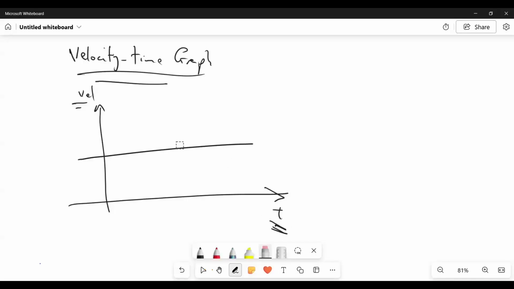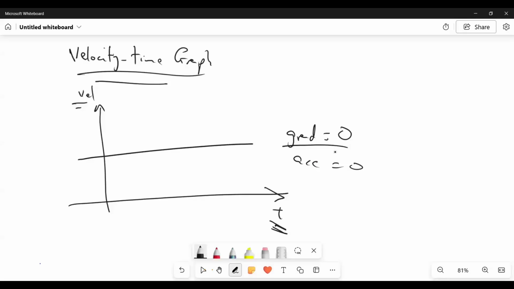The gradient of this flat line graph equals 0 because there's no slope. Remember, gradient carries the thought of slope, and this graph has no slope, it's a flat line. So because the gradient is 0, the acceleration equals 0.